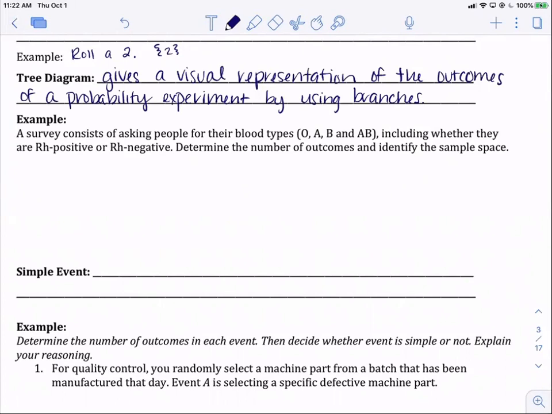For example, a survey consists of asking people for their blood types, including whether they are Rh positive or Rh negative. Determine the number of outcomes and identify the sample space. So we have 4 different blood types. So we have O, A, B, AB.